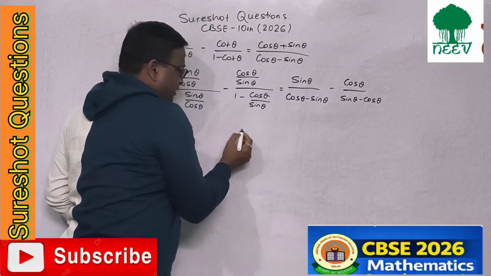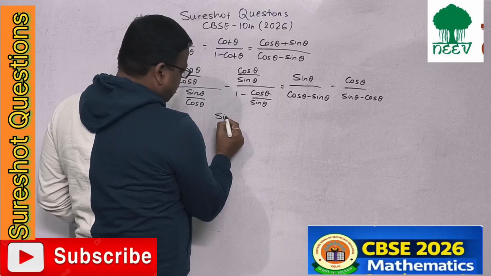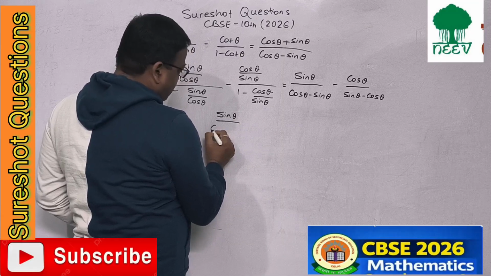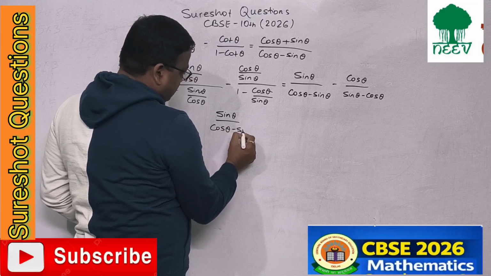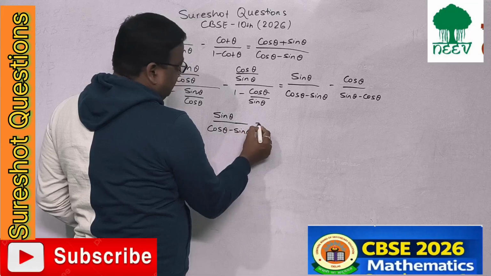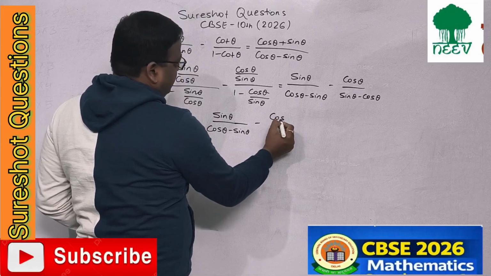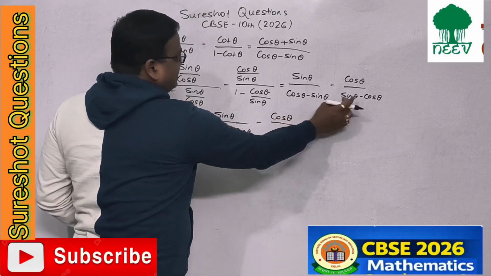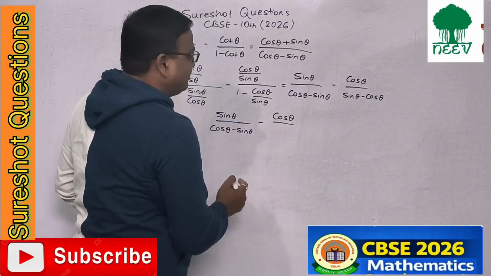So this is sin theta by cos theta minus sin theta minus cos theta. This is same thing, only minus is the difference.